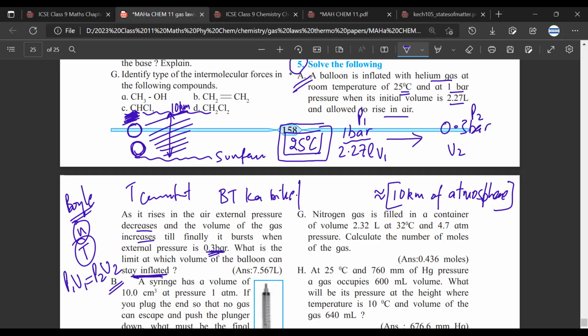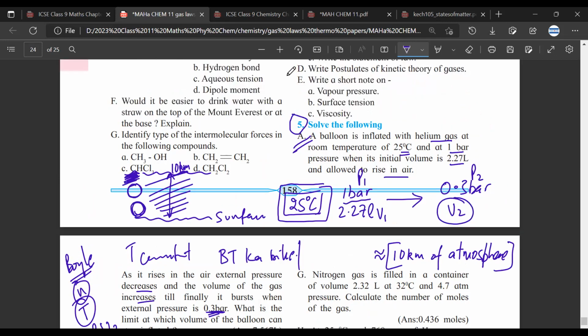So whatever volume you get here would be the answer. So 1 bar into 2.27 liter is equal to 0.3 bar into V2. So if you solve this for V2, your V2 would be 2.27 upon 0.3.